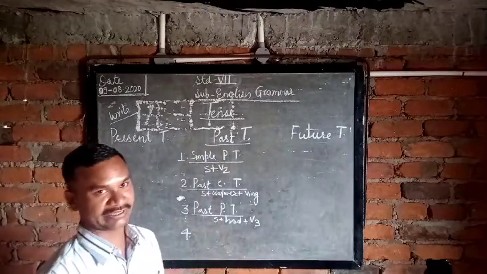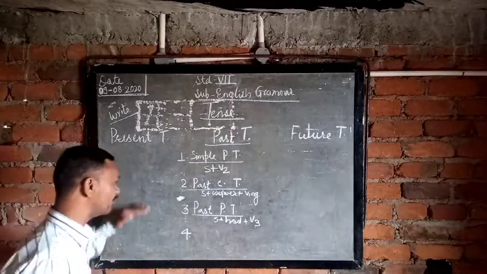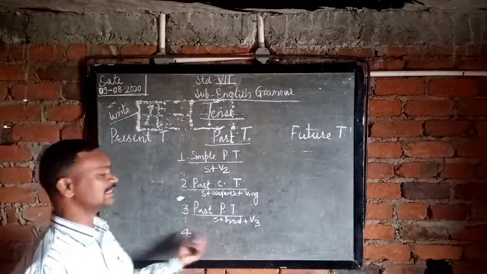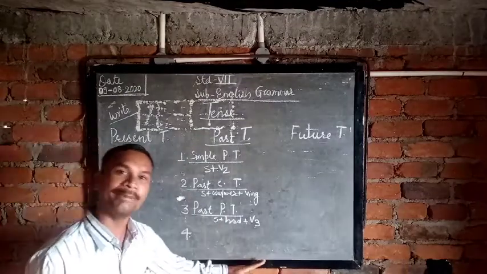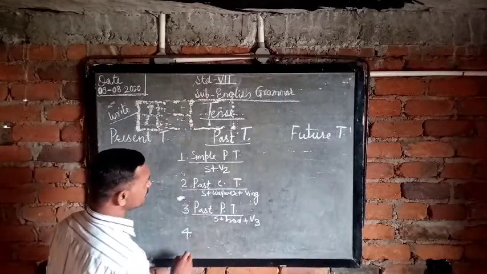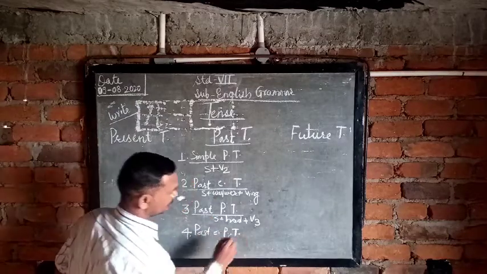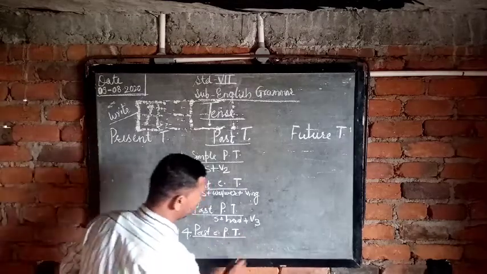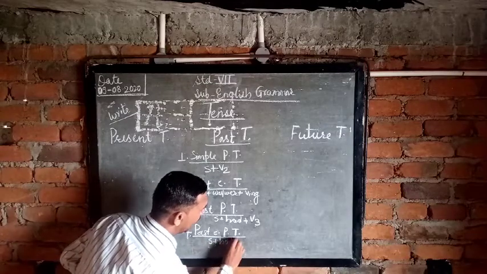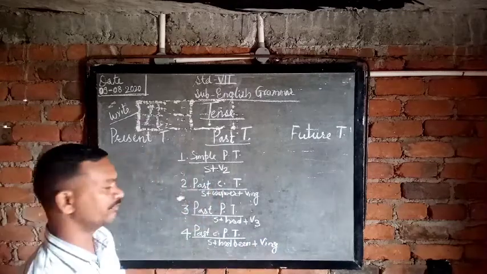Past perfect continuous tense. When you discuss the present tense, it has four subtypes. The past tense also has four subtypes, and the last is the same. But this is the present tense and this is the past tense. Only you have to be cautious there. The formula of the past perfect continuous tense is subject plus had been plus V-ing, the fourth form of the verb.